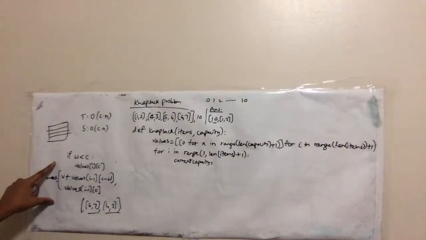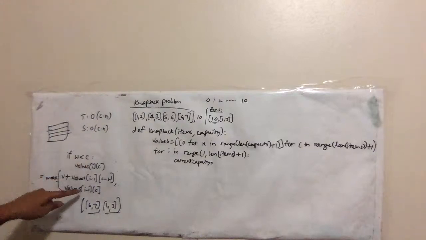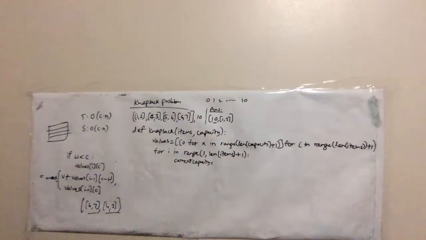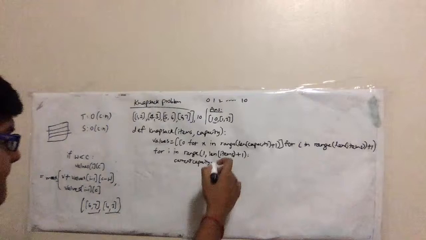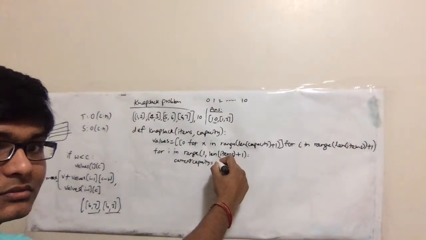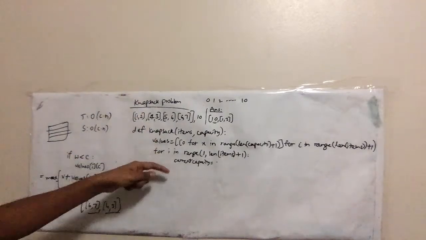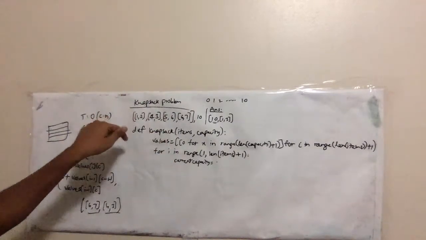So we need to calculate the weight and capacity, and I minus 1, j minus 1, I is here, and so current capacity is equal to current capacity or what. So I'm thinking, so we started from first row.